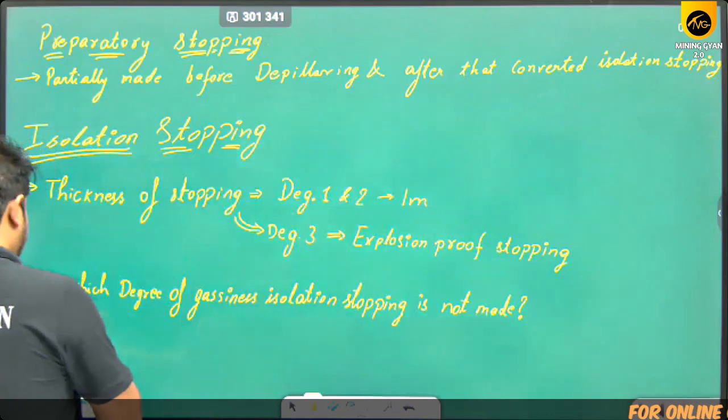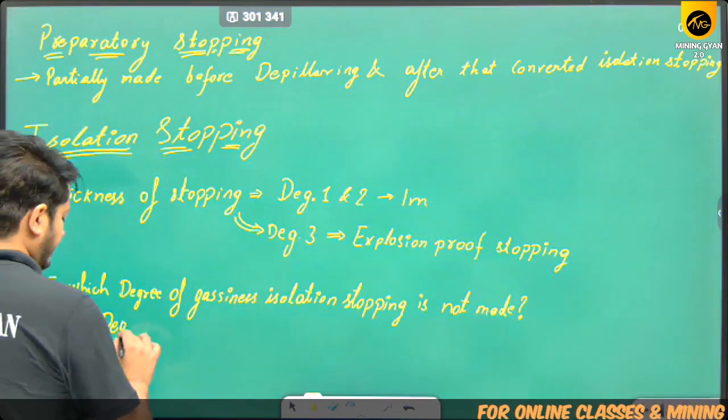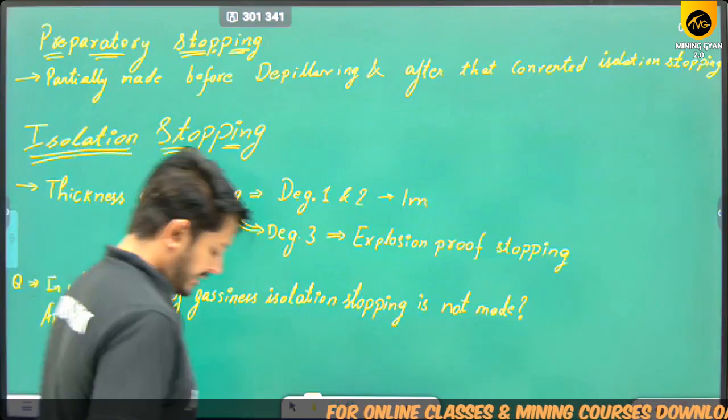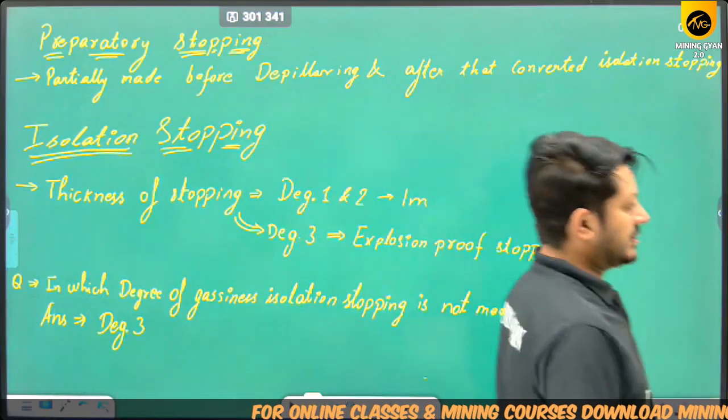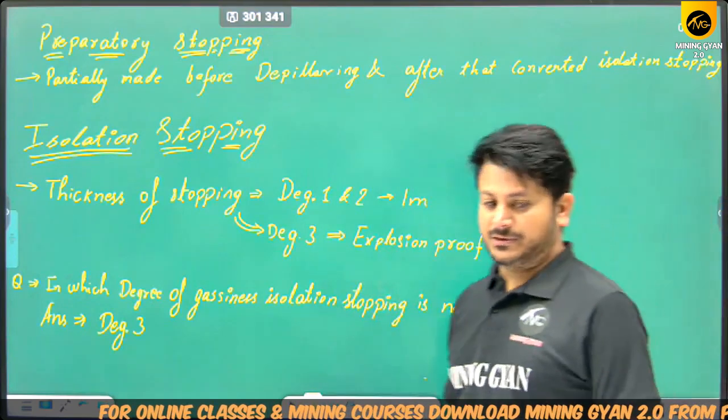So answer is degree 3. Degree 3 mines. In degree 3 mines, isolation stopping is not made. Directly we used to make the explosion proof stopping.